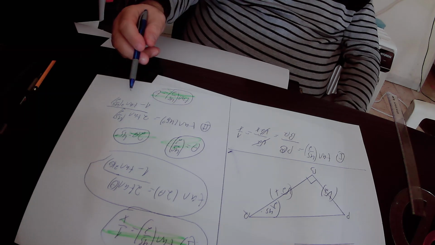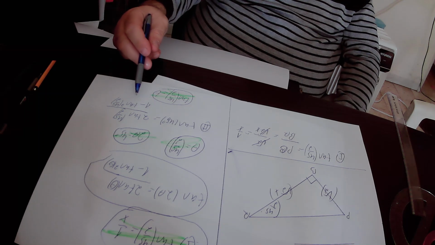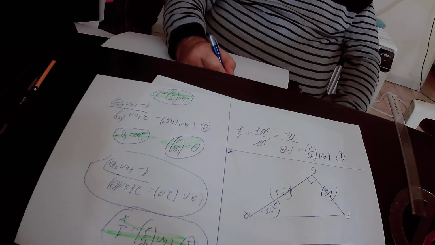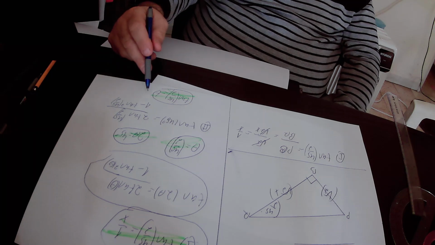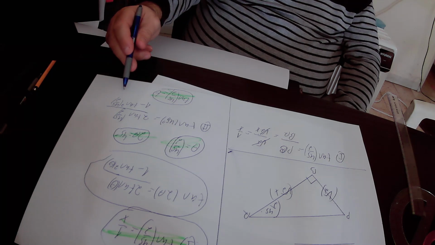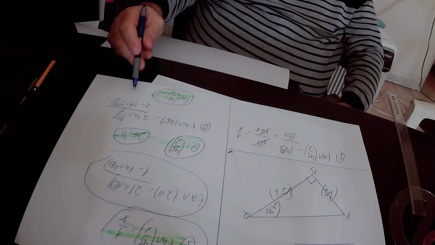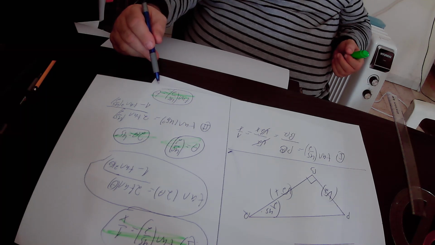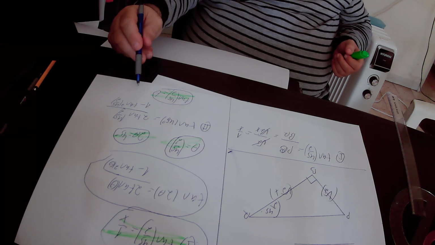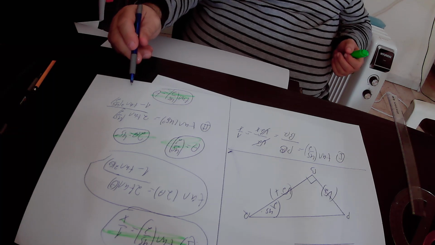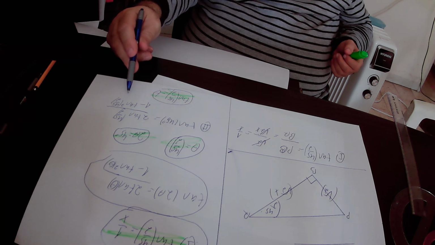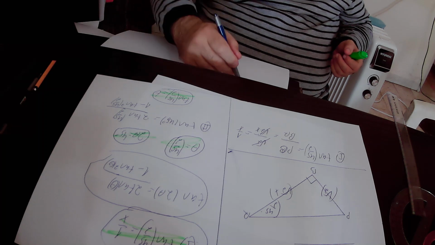So 2 times tangent 45 over 2 degrees is 2t over 1 minus tangent square 45 over 2 degrees. So if tangent 45 over 2 degrees equals t, then tangent square 45 over 2 degrees will be equal to t squared. So we substitute tangent square 45 over 2 degrees by t squared.